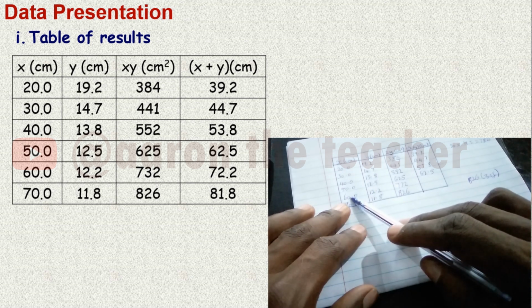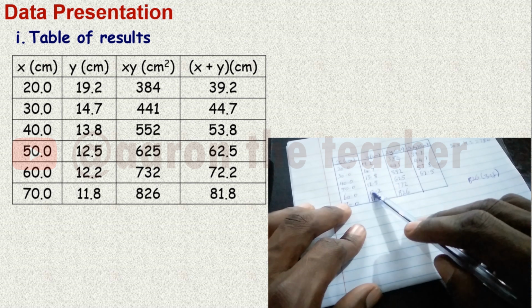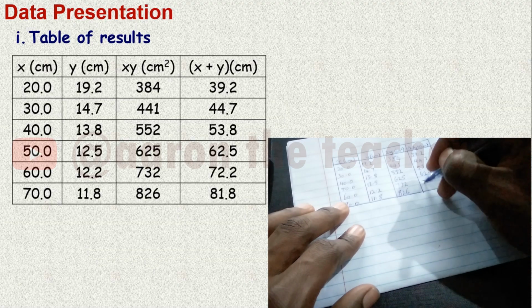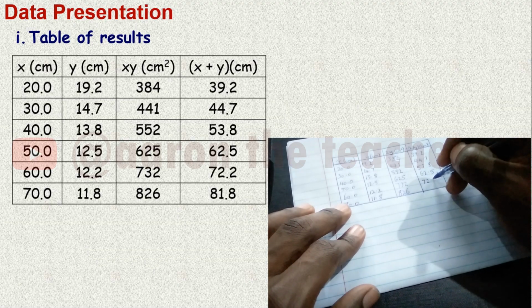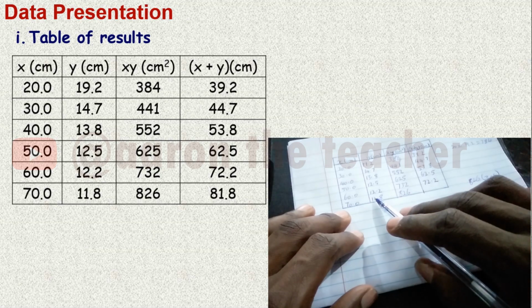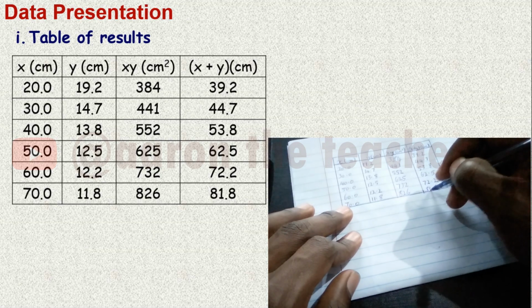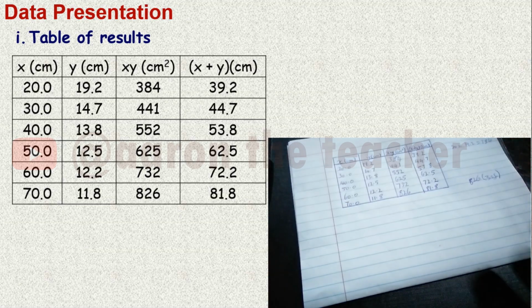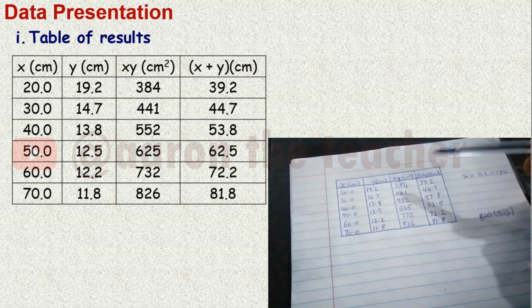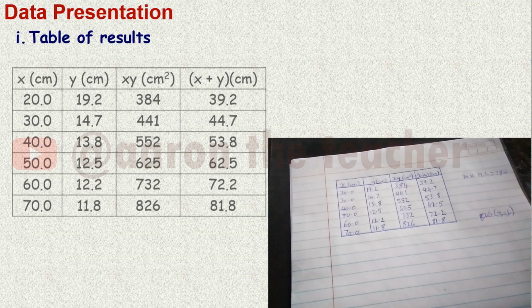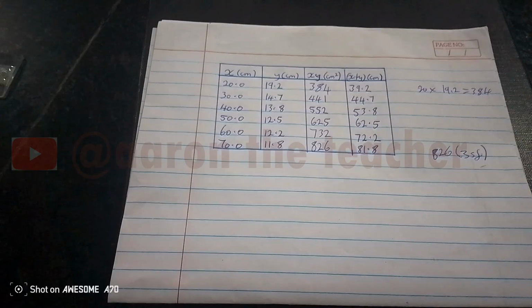Then 60 plus 12.2, giving us 72.2. And then lastly 70 plus this, which is 81.8. And those are the values we are going to use in our plotting. Now moving on to the plotting.